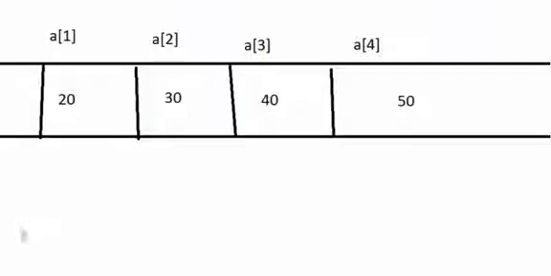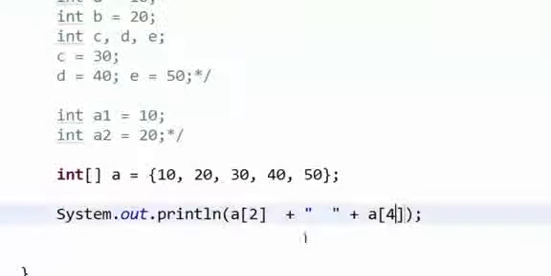So if you want to access some data in this array, all you have to do is try to print out, like say a of 2 and a of 4, it will print out 30 and 50. So let us print out something from the array. Here you can see that I am trying to print out a of 2, and then there is a space, and then I am trying to print out a of 4.